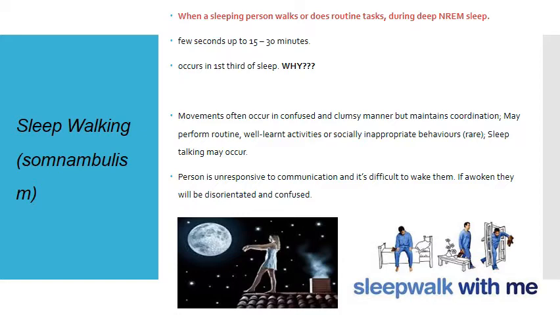Things typically performed are routine or well learnt, for example opening doors, dressing, cleaning, eating, or packing a bag to go to work. Complex behaviours are rare. Driving a car can happen, but doesn't happen that often.